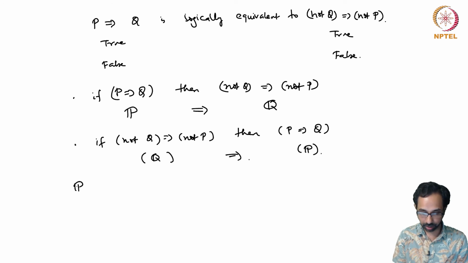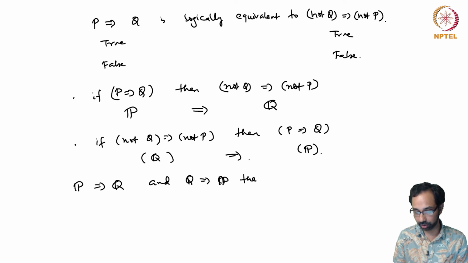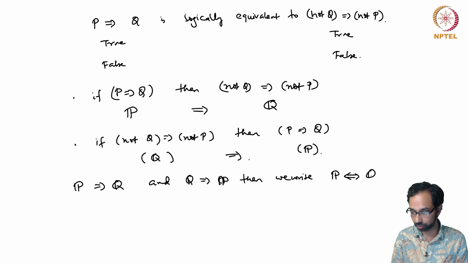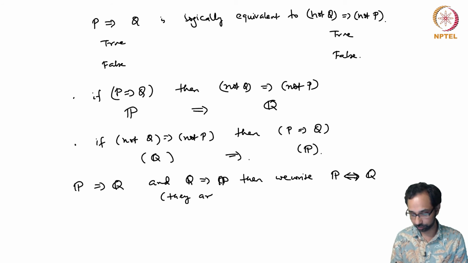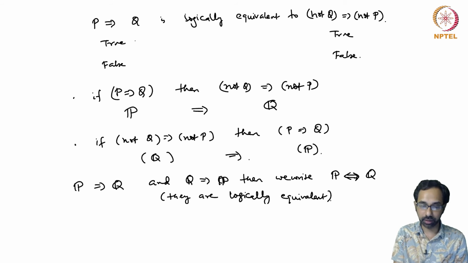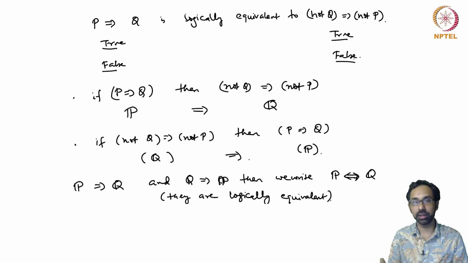So when capital P implies capital Q and capital Q implies capital P, then we write P is equivalent to Q, and we use this two directional double arrow to write that they are logically equivalent. Logical equivalent just means that whenever the first part is true, then the second part is also true, and when it is false, then this is also false.